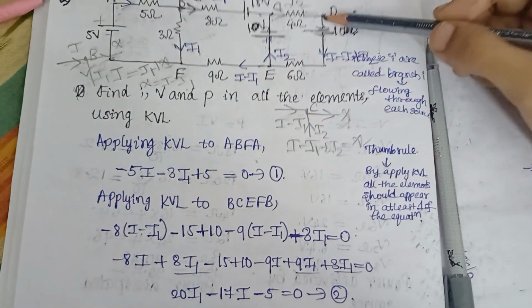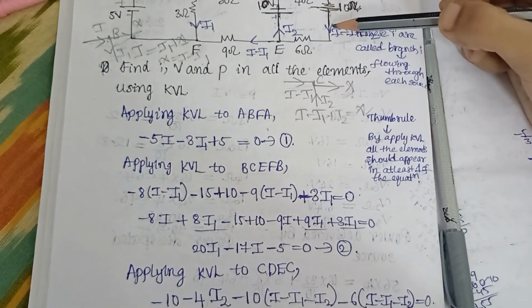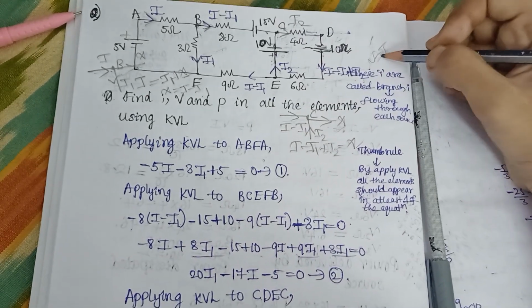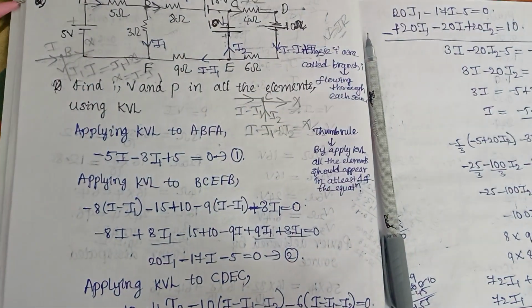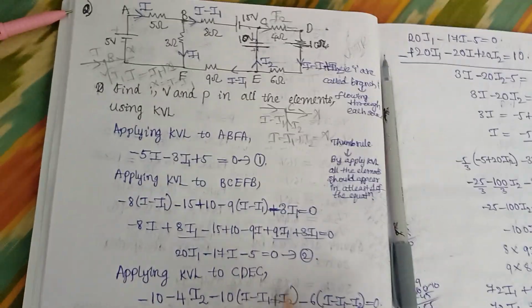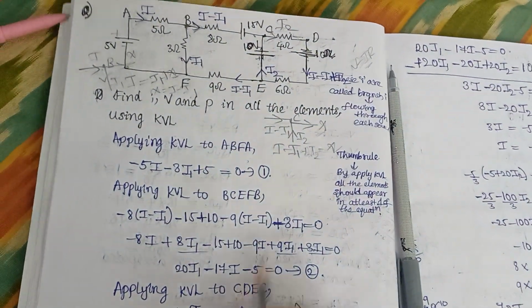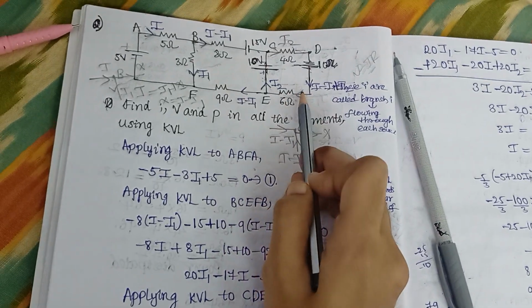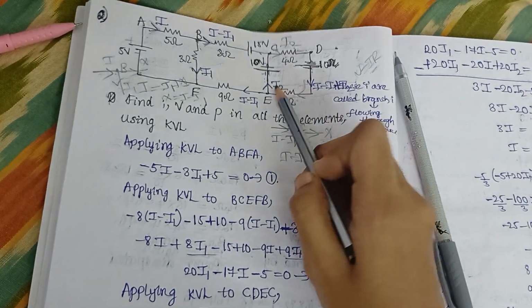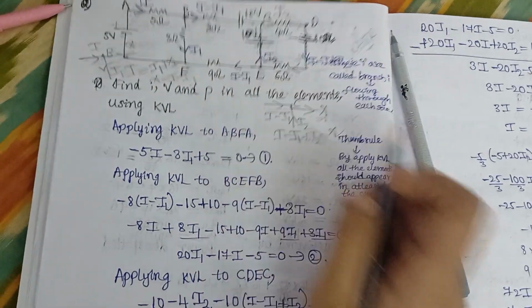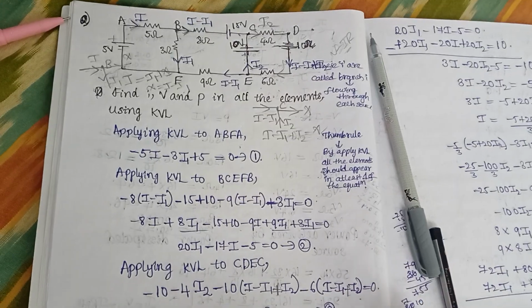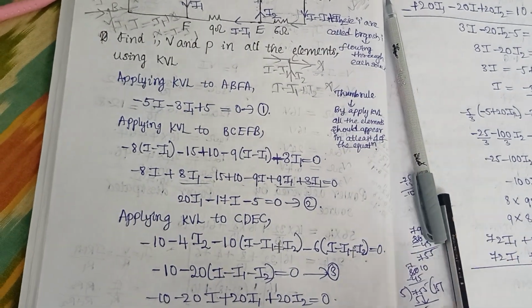And as you are moving from positive to negative, it will also be negative, that is V is equal to IR. Here your I is I minus I1 plus I2 multiplied by this resistance. And again like this coming to here, here also since we are moving from positive to negative, you will get minus 6 into I minus I1 plus I2 is equal to 0. And again by simplifying this you will get one equation, right?